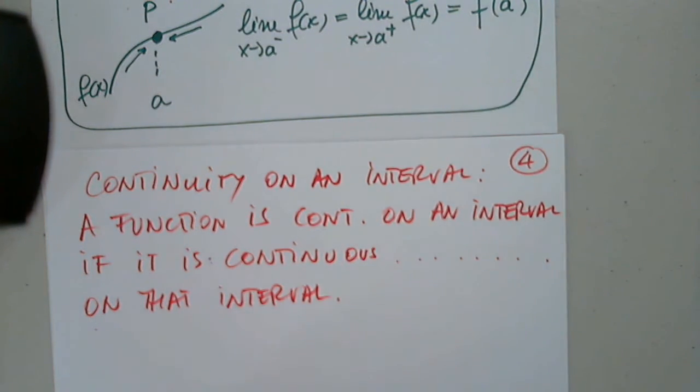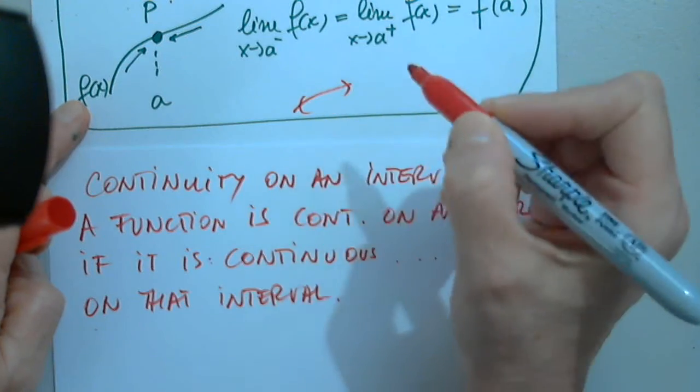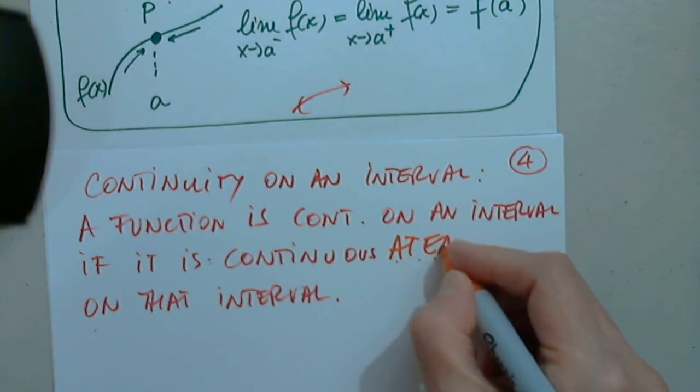I need help to fill this in. So here's the interval. A function is continuous on an interval if it is continuous at every point within that interval.